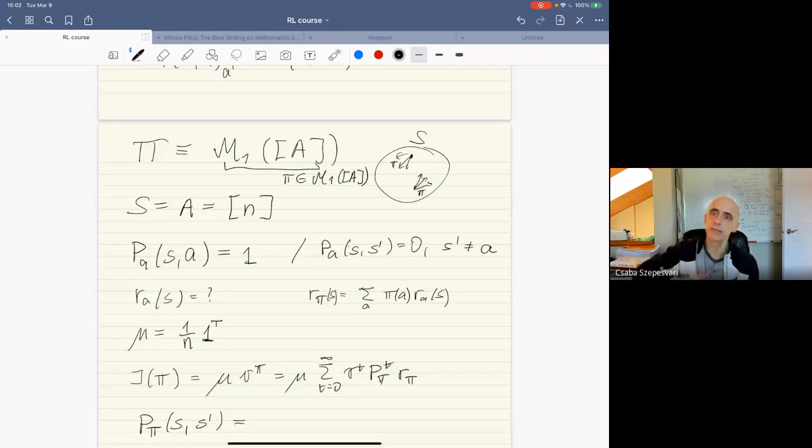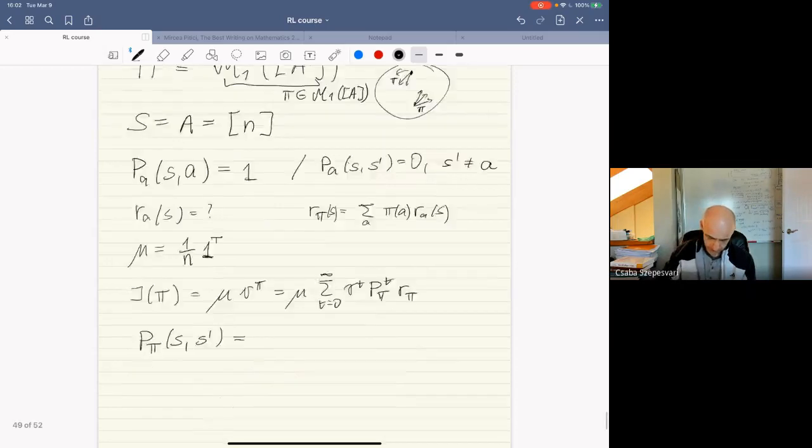Okay, so we identify this distribution with the actual policy. I don't want to give it a new name or anything. I hope it's clear. So given that, let's say it's just pi of S prime. Yeah, that's right.